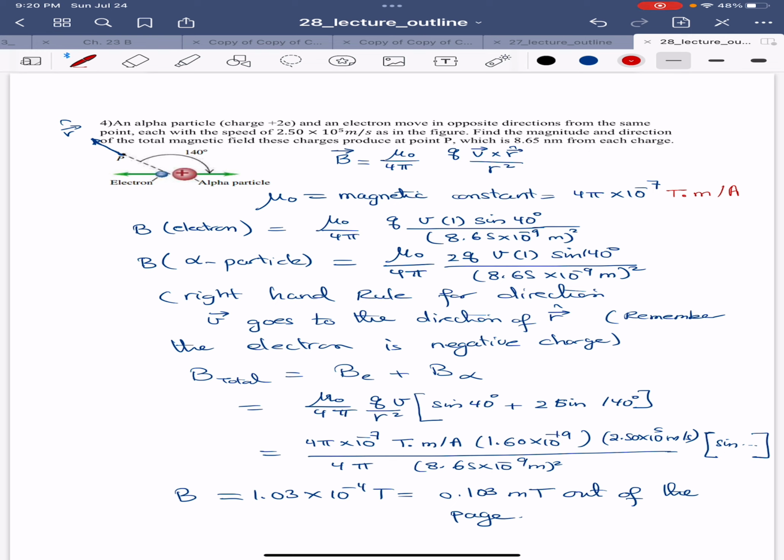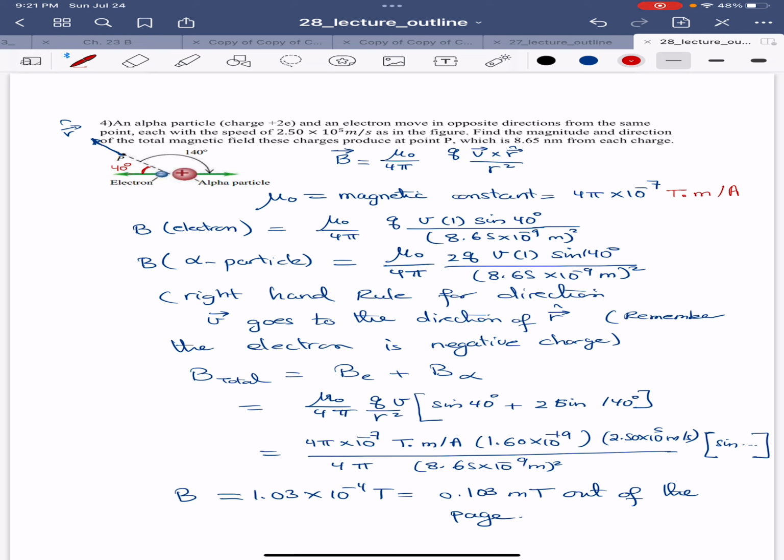The unit vector r has magnitude 1, and sine 40, because if you look at the diagram, this angle is 140, so this one is 40, and this is the electron. The angle between the velocity, the green, and the blue that I drew is 40. And the distance between them is 8.65 times 10 to the negative 9 meters, because it was given in nanometers.